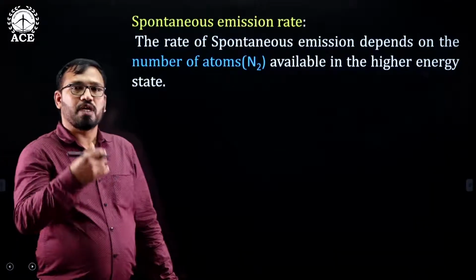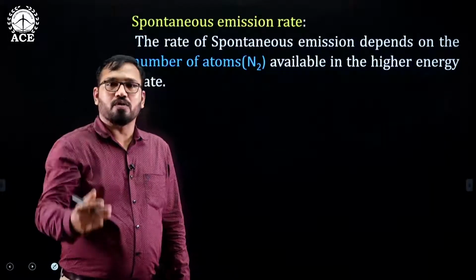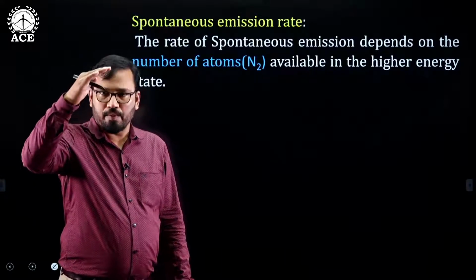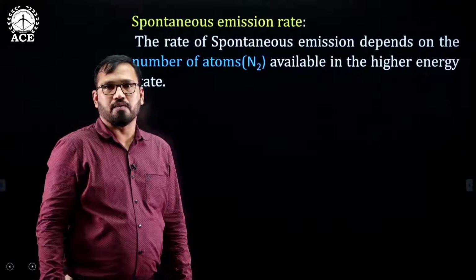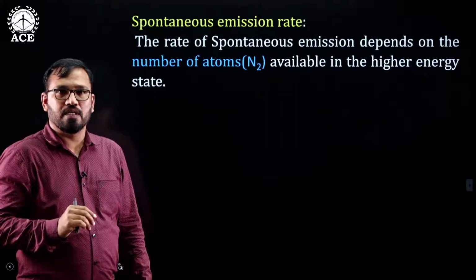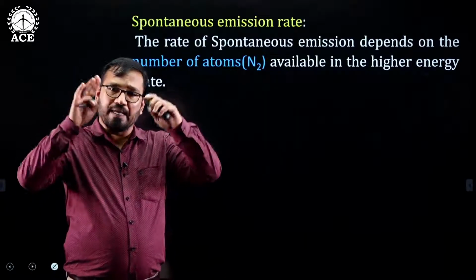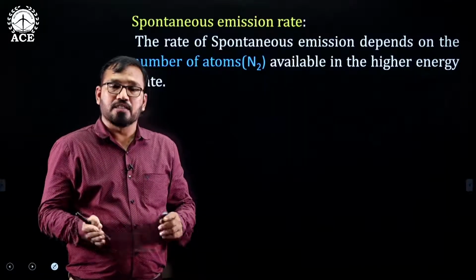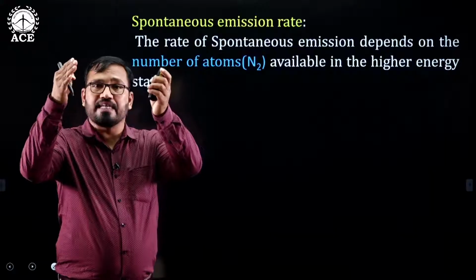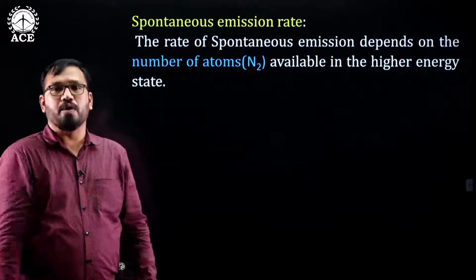Next, once absorption is over, the transition comes down. So it is a downward transition: atoms should come from the higher energy level to the lower energy level. When they come down, they do so in two different ways. Sometimes the atoms come down by themselves, spontaneously. Sometimes external photons are used to de-excite the atom from the higher to the lower energy level.